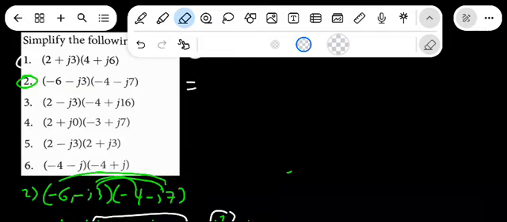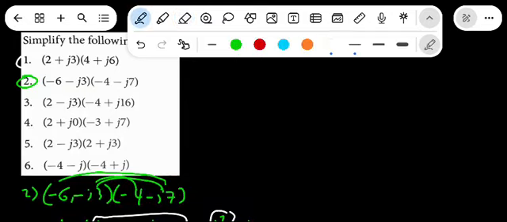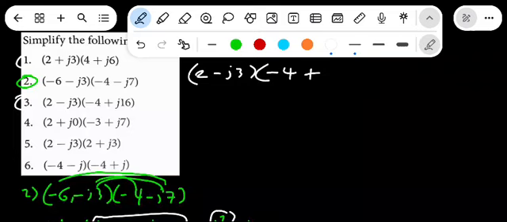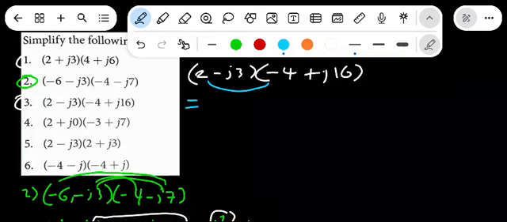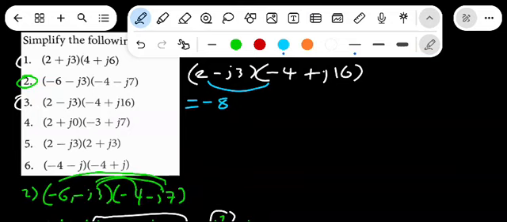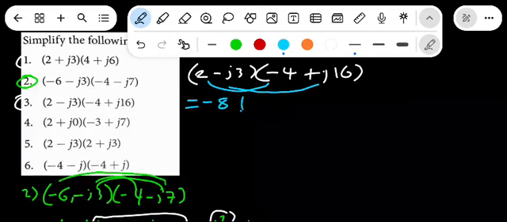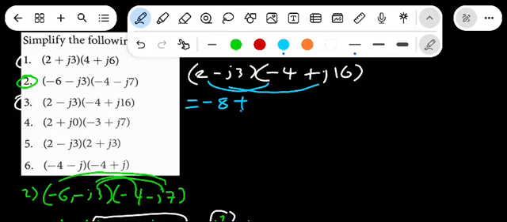So we've been given number 3. We have 2 minus j3 times negative 4 plus j16. Then we have to multiply. 2 multiplied by that will be negative 8. Multiply again by that will be positive 32j.